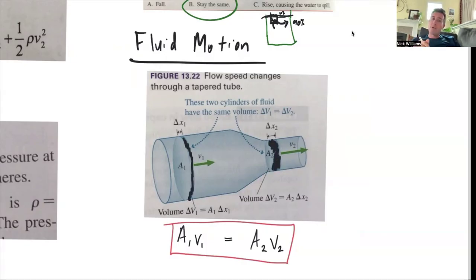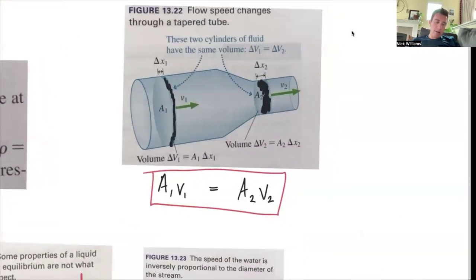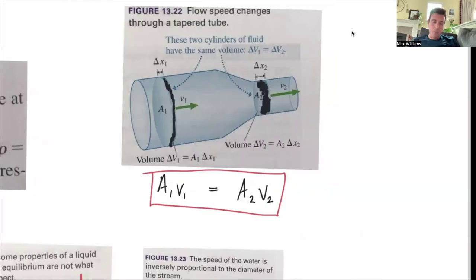I can represent that by saying area 1 times the change of position, or area 1 times the velocity, is equal to area 2 times its velocity. So area 1 times the velocity 1 equals area 2 times the velocity 2.